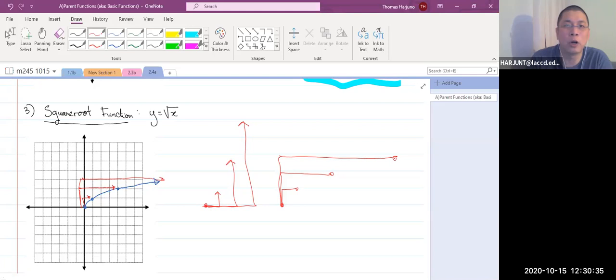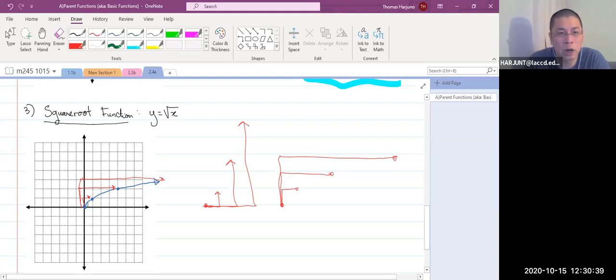Now, the important coordinates in the square root function are these 3 coordinates here. Again, if you can add more, that will be great. In this case, 9, 3. Okay.